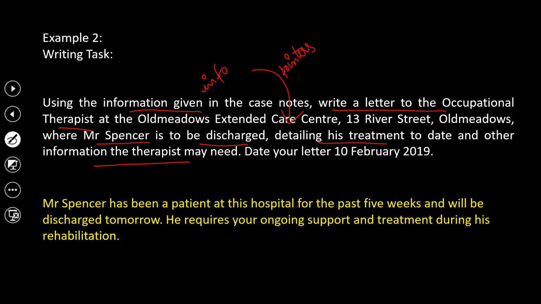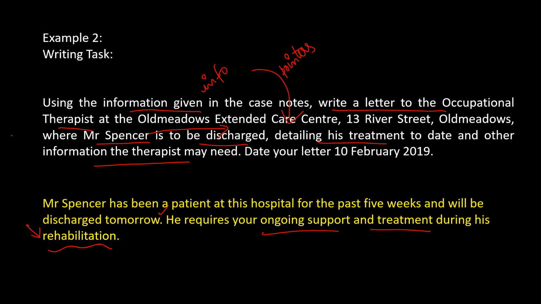Mr. Spencer has been a patient at this hospital for the past 5 weeks and will be discharged tomorrow. That is sentence 1. He requires your ongoing support and treatment during his rehabilitation. So where is the patient moving to? The patient is moving to this particular extended care center, which is why the word rehabilitation has been used. So ongoing support and treatment during his rehabilitation. So that is the reason for writing the letter.